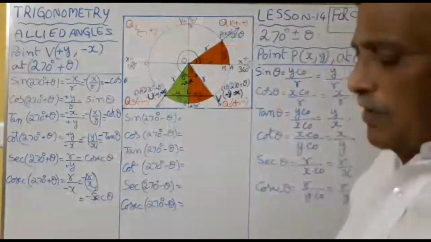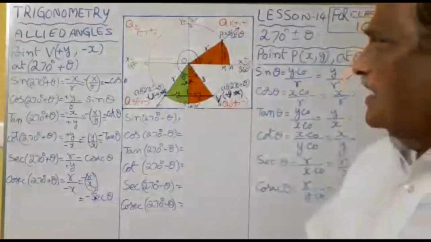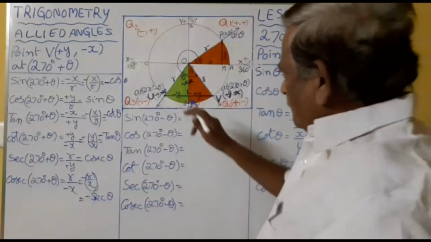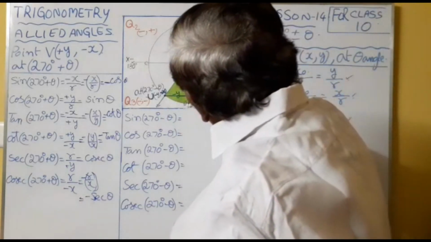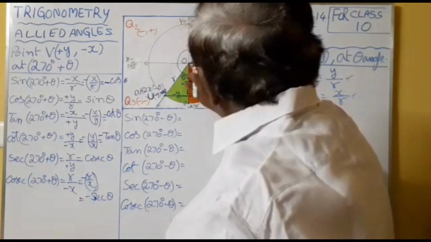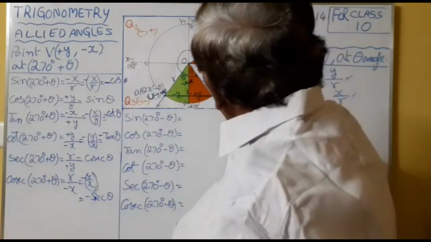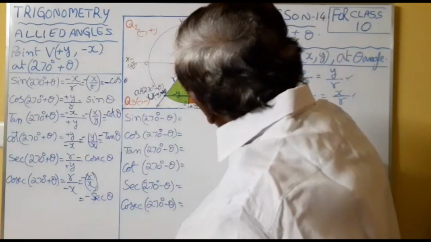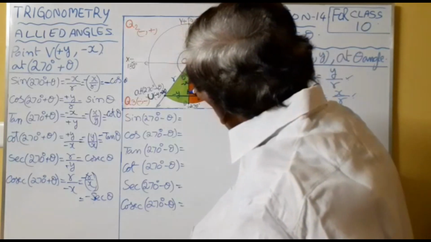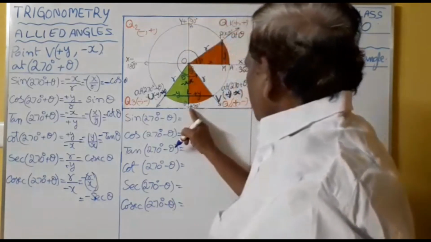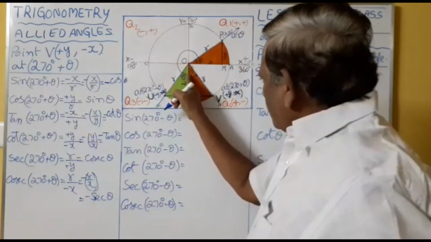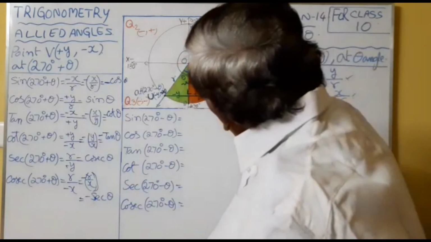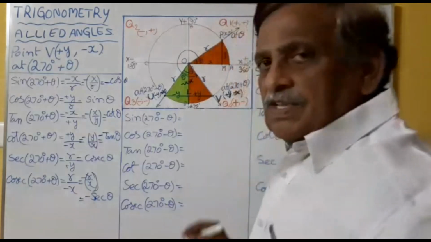Now, let us write the trigonometrical ratios of this point. The total angle from this ray to the edge of the green color is 270 degrees. This angle is theta degrees.